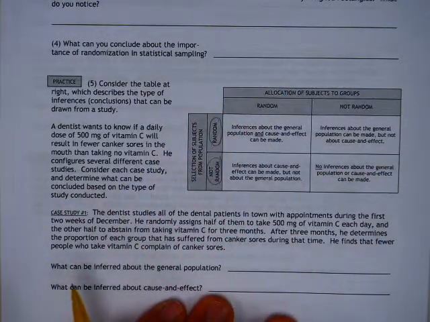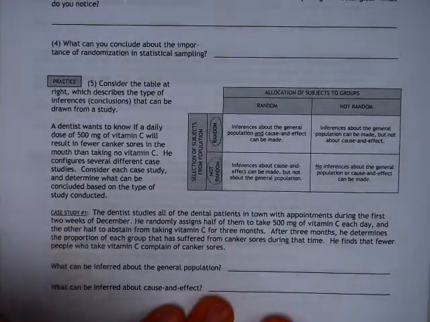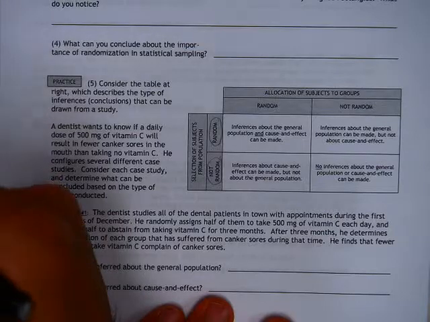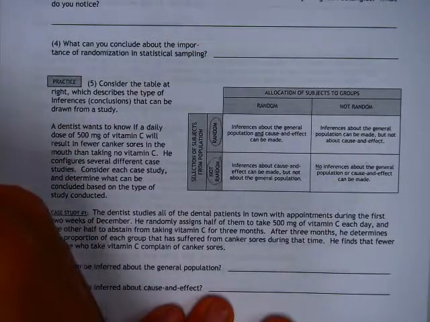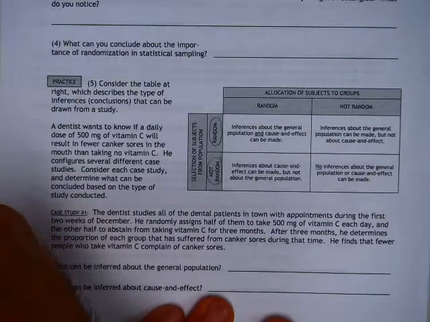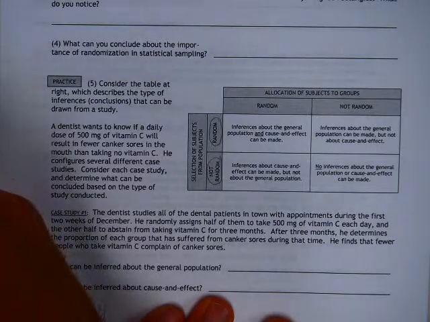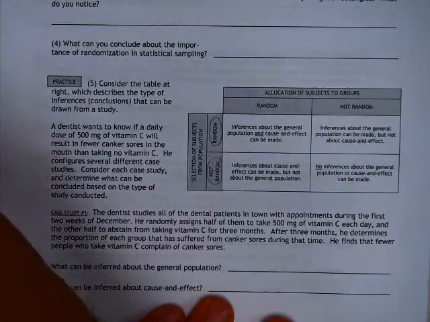Are they people randomly selected from the population? Are they items randomly selected from the population? If so, you can make conjectures about the population. You can say that caffeine causes your pulse to rise, or you can say that vitamin C reduces canker sores in your mouth. Whatever it is that you're studying, you can say that's true about the entire population.